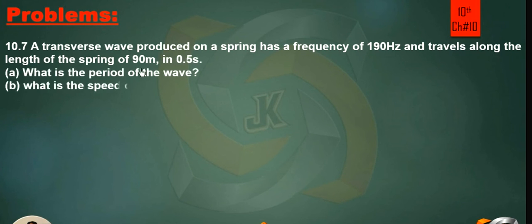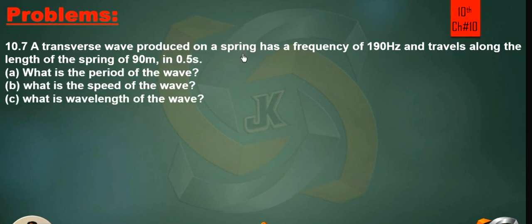10.7 says that it's a long numerical which is having certain parts. It says that a transverse wave produced on a spring has a frequency of 190 Hz.